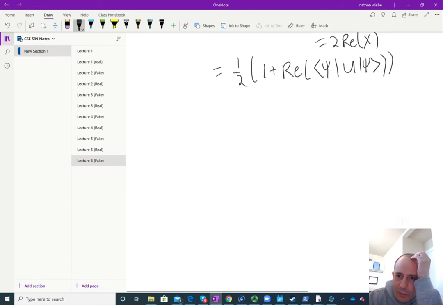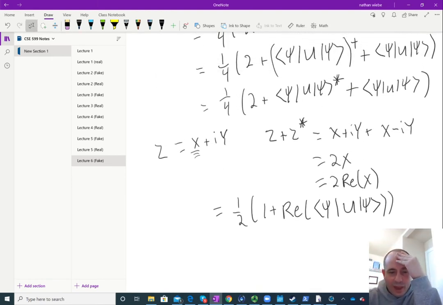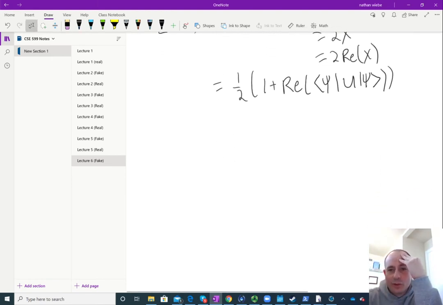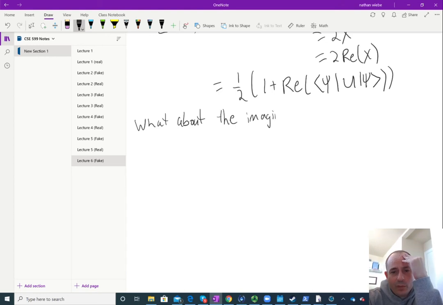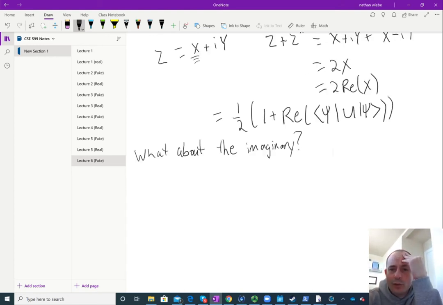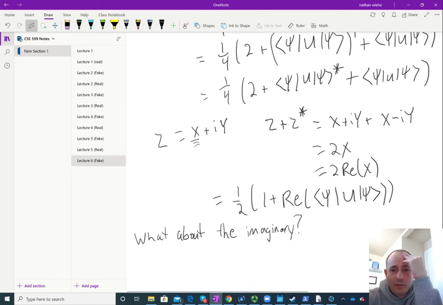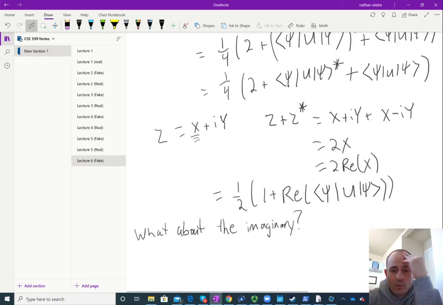Fantastic. And so the main thing that remains at this point is to argue, okay, if we want the full expectation value, then what about the imaginary part? Because this only gave us a way to figure out the real part of the expectation value of a unitary operation.